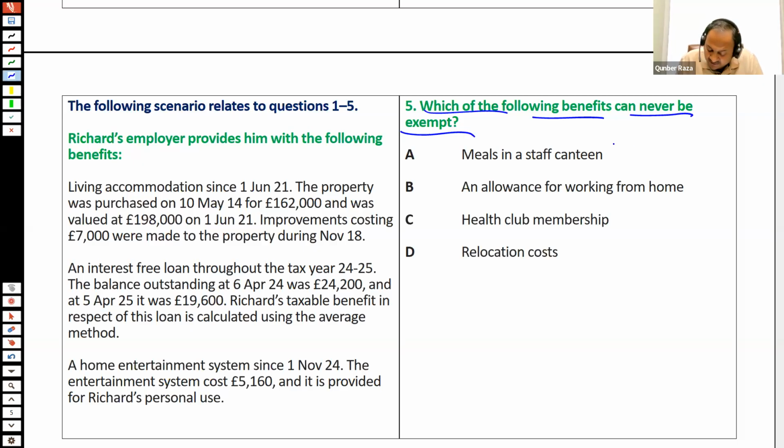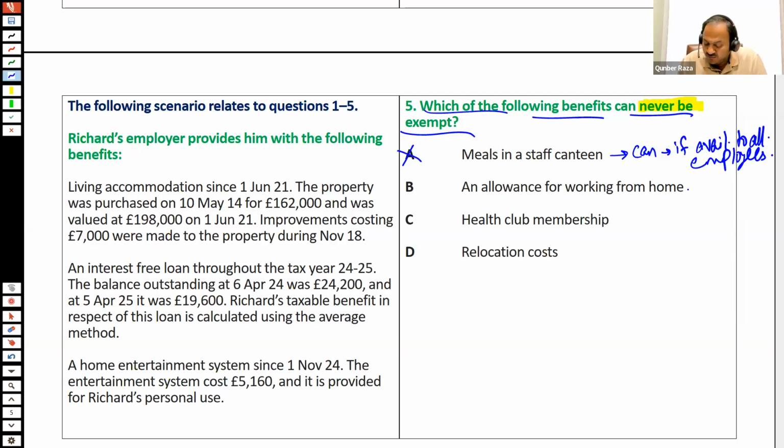Meals in a staff canteen. The word is never. Meals in a staff canteen can be exempt if available to all employees. So I can tell you, based on one condition at least, it can be exempt. So if it is available to all employees, then it will be exempt. So the word is never ever exempt. So it's not never ever exempt.